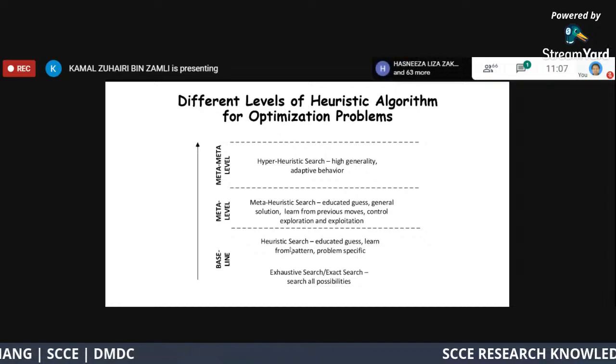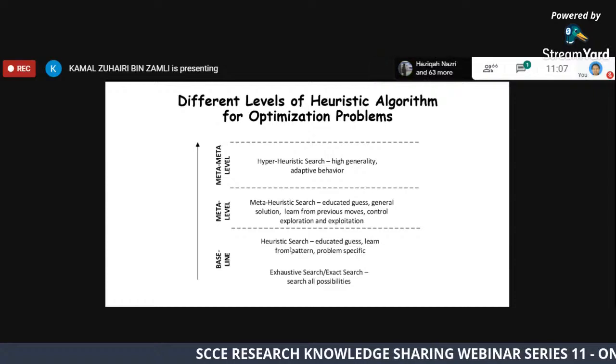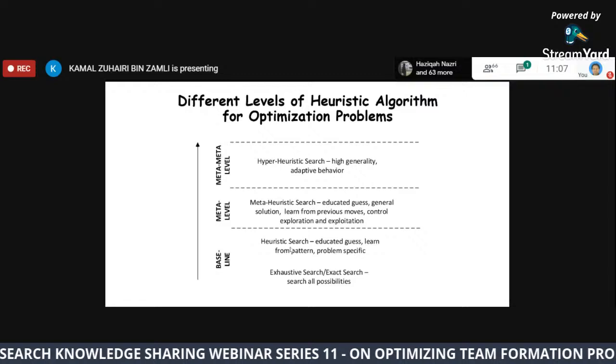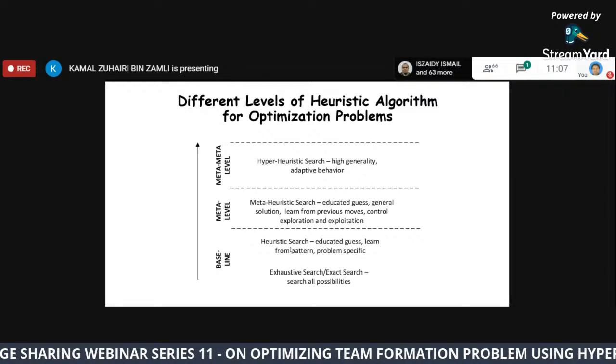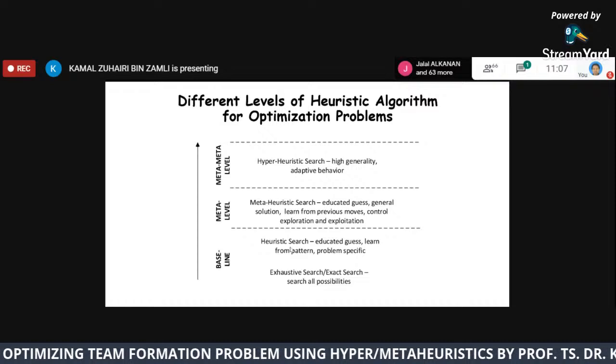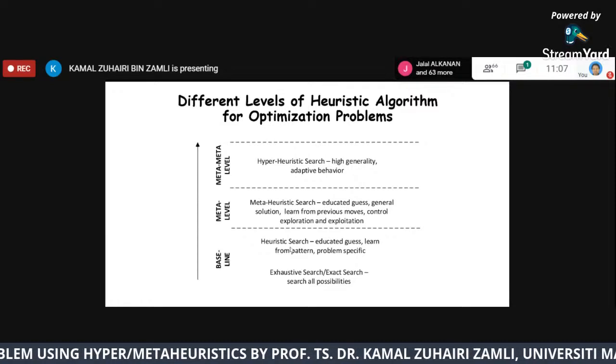So with hyper-heuristic, you can control the whole meta-heuristic itself. Meta-heuristic controls the search operator. Heuristic search controls based on guessing. Exhaustive search searches all possibilities. So these are different baselines of how to solve an optimization problem.